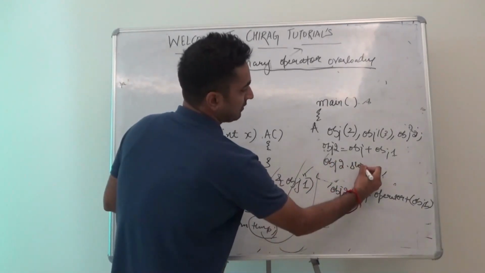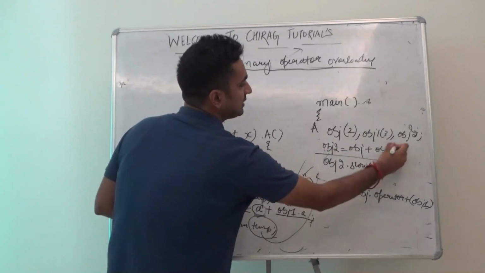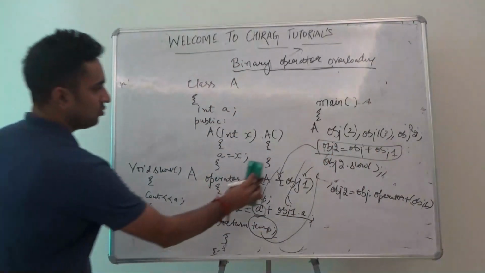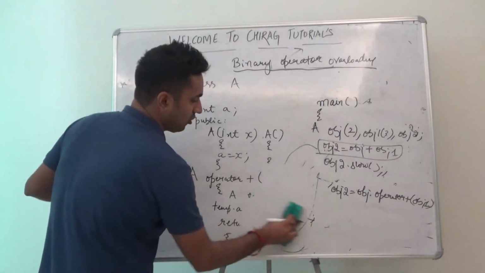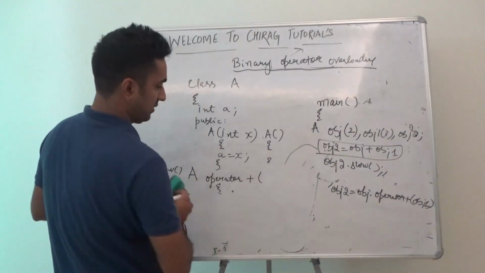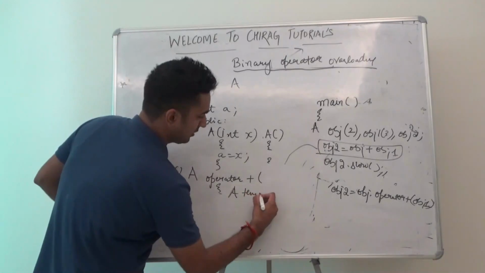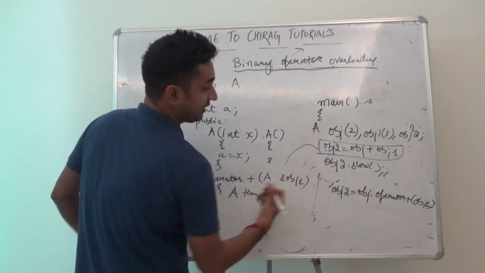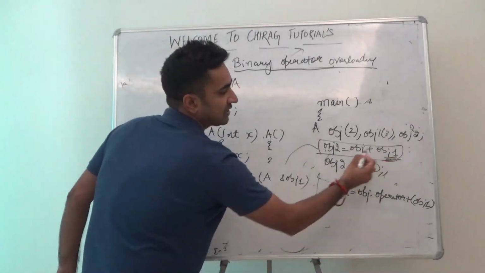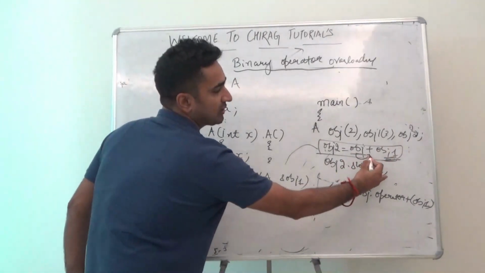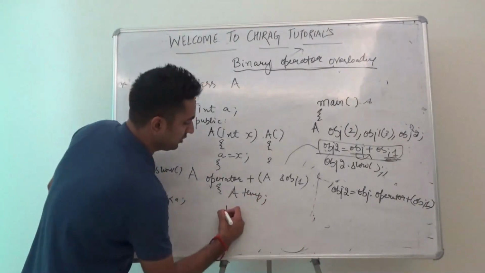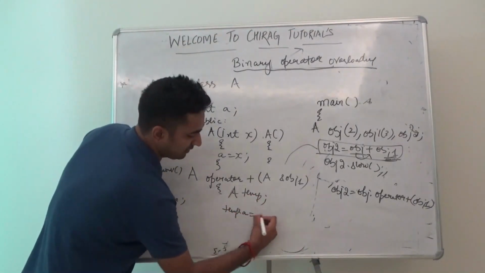So guys, whenever we write this statement, this function gets called. Now over here, the second object is passed as an argument, so I'm writing a temp as an address of obj1. It means this object is passed as an argument, this object calls the function operator plus. Fine. So your temp dot a is equal to a.